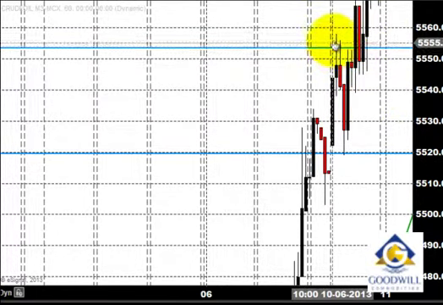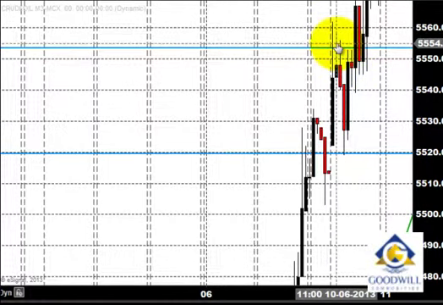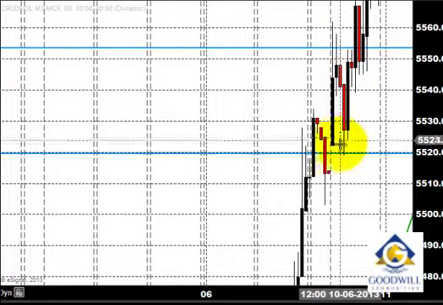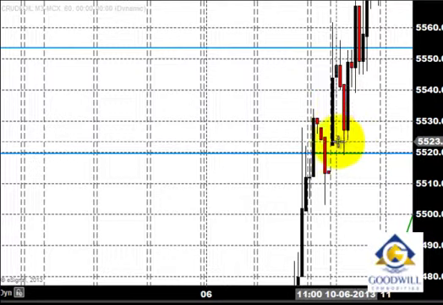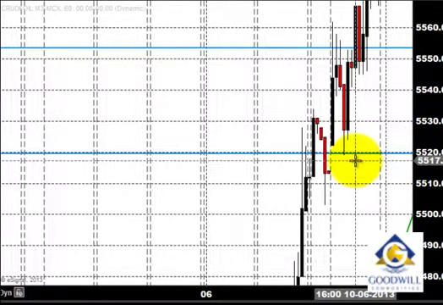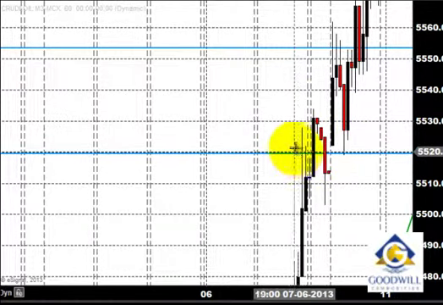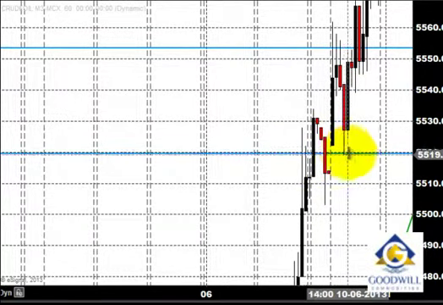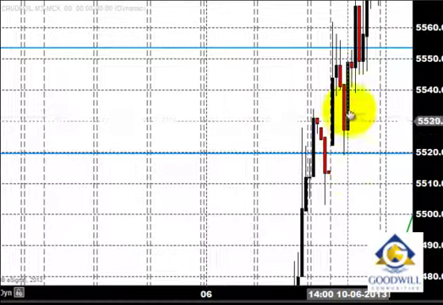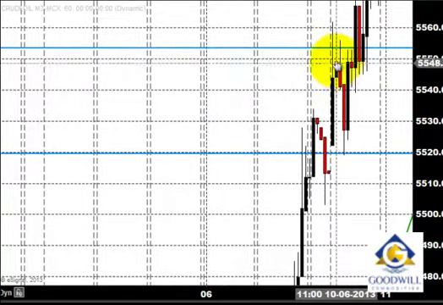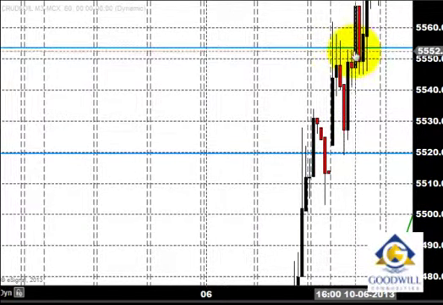So the price took resistance around 5,550s and came down and tested this 5,520. This is the reason why I told you earlier that support and resistance interchange, which means this 5,520, which acted as a resistance earlier, should now act as a support. So it found support here, which pushed the price back up to 5,554, the same zone.